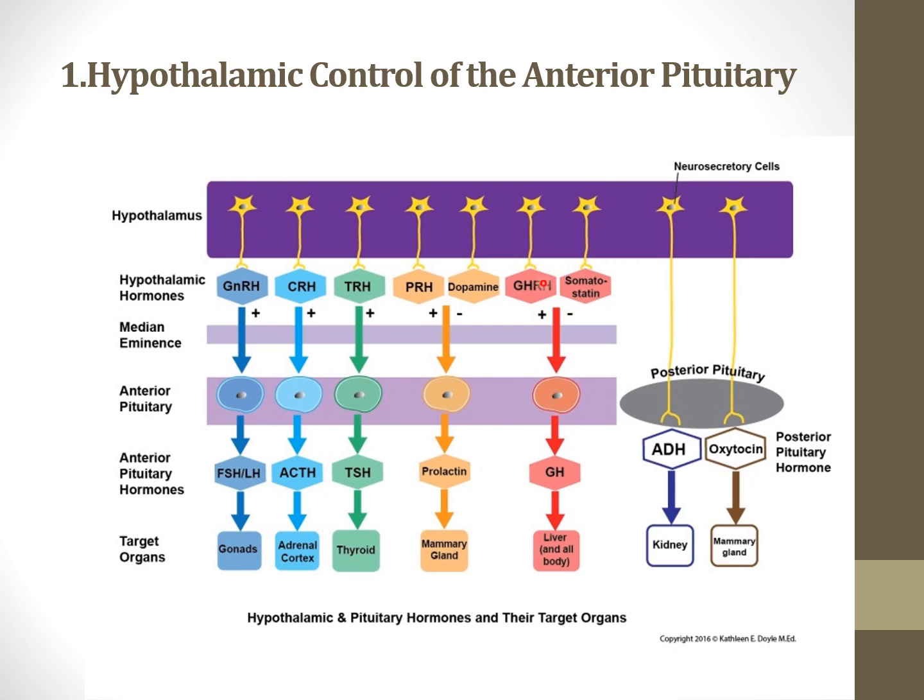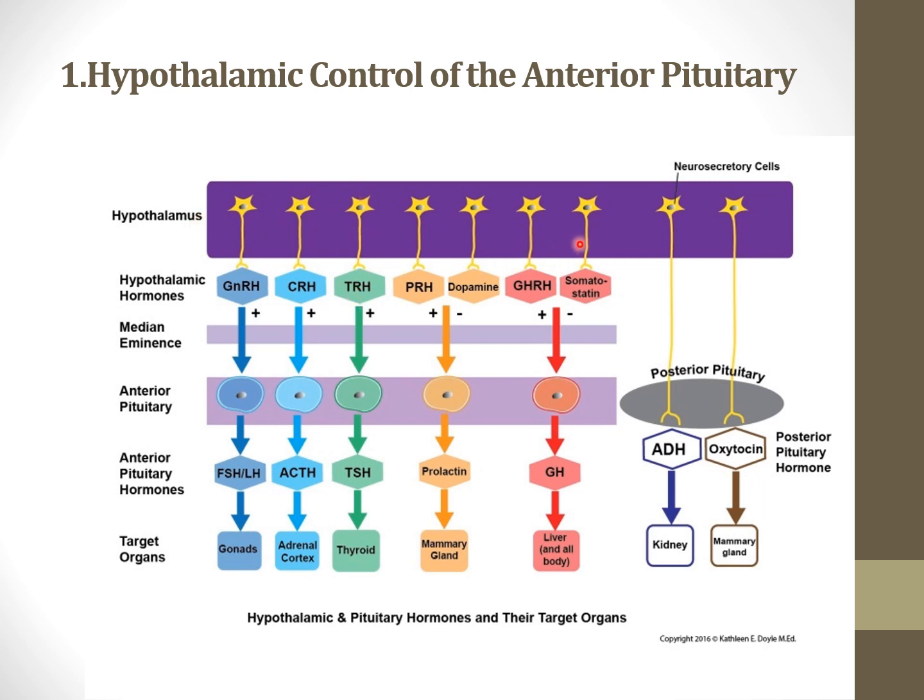Moving on to the first function, hypothalamic control of the anterior pituitary. We all know that all the releasing hormones are secreted by the hypothalamus. Look at the releasing hormones: gonadotrophin releasing hormone, corticotrophin releasing hormone, thyroid releasing hormone.